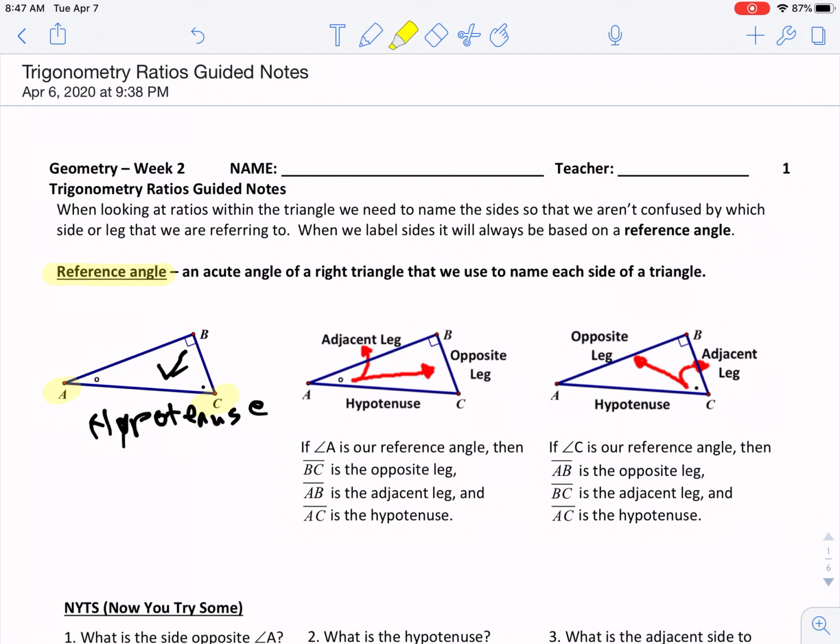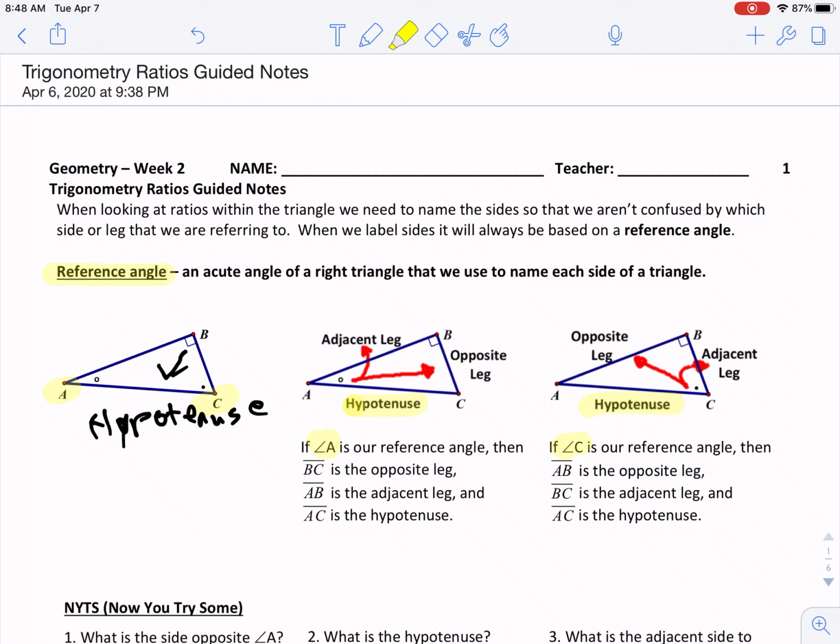It doesn't matter if A is the reference angle or if C is the reference angle. The hypotenuse is always on the opposite side of B. That's never going to change. It's always going to be across from that 90-degree angle every single time.